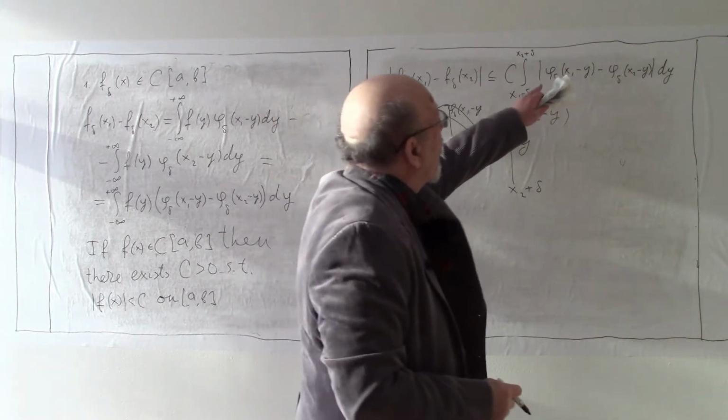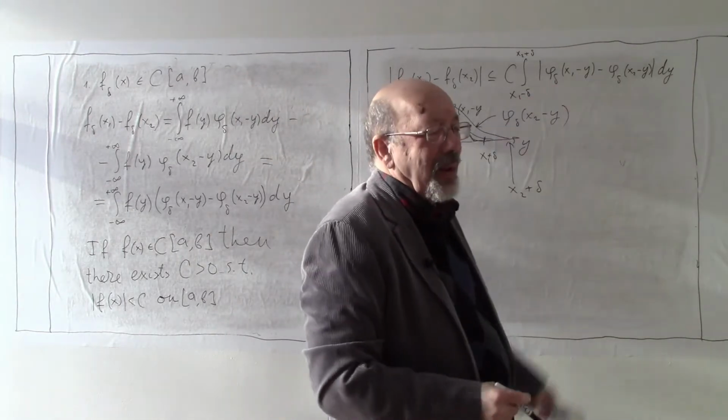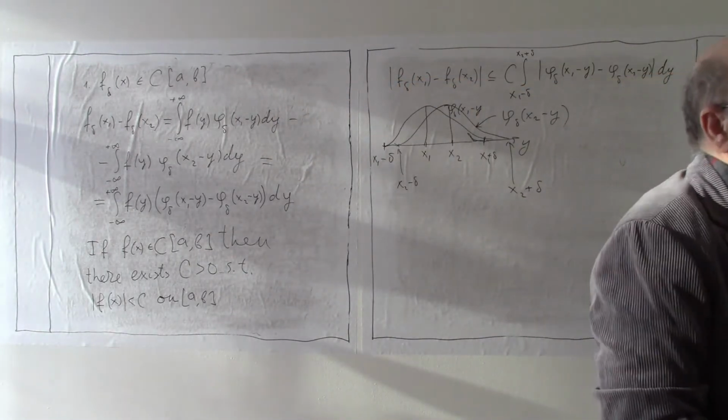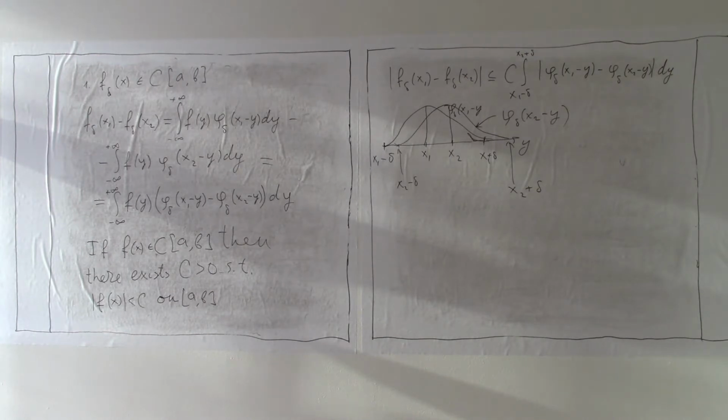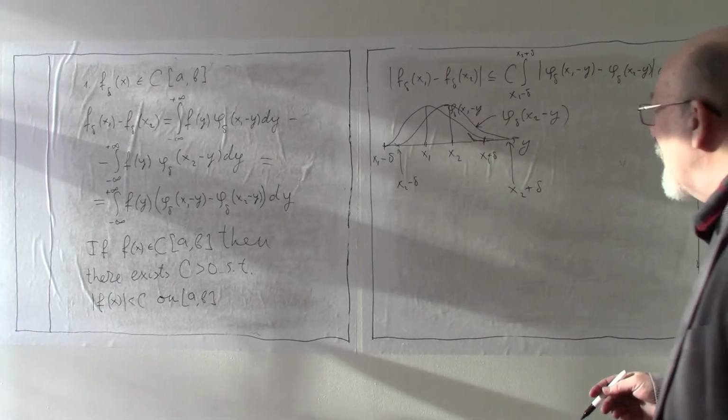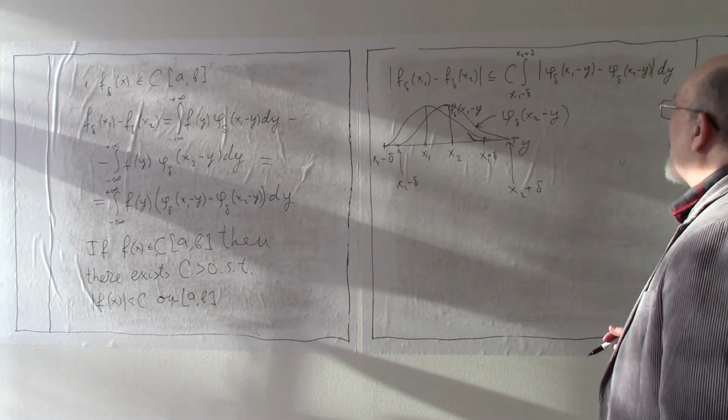Now the function phi delta is a differentiable function. It is a smooth function, so it has some derivative, and this derivative is bounded.